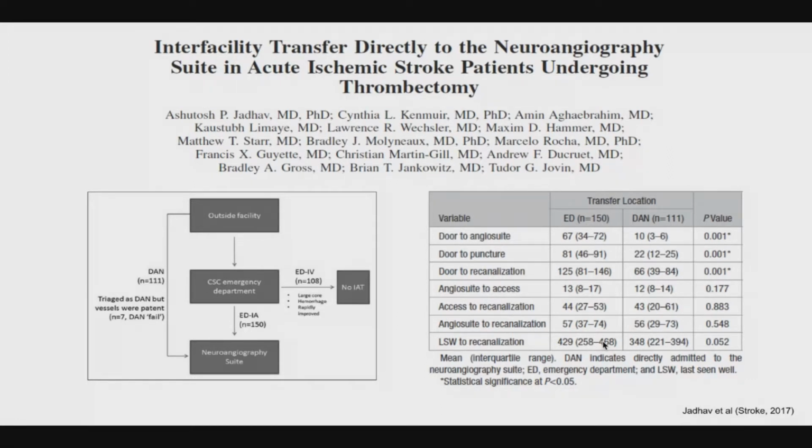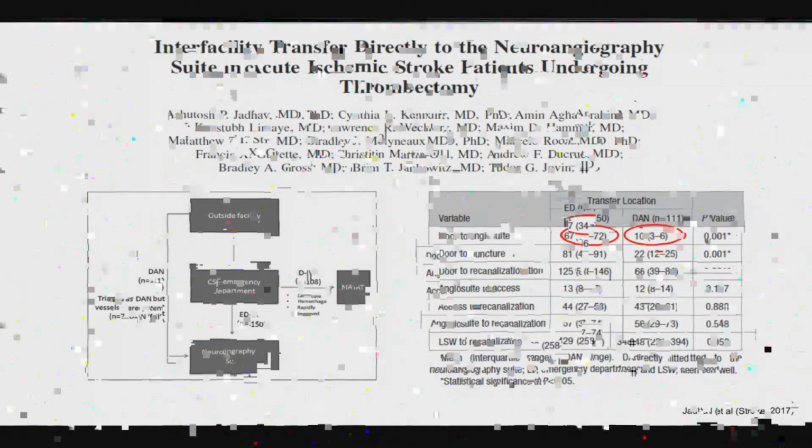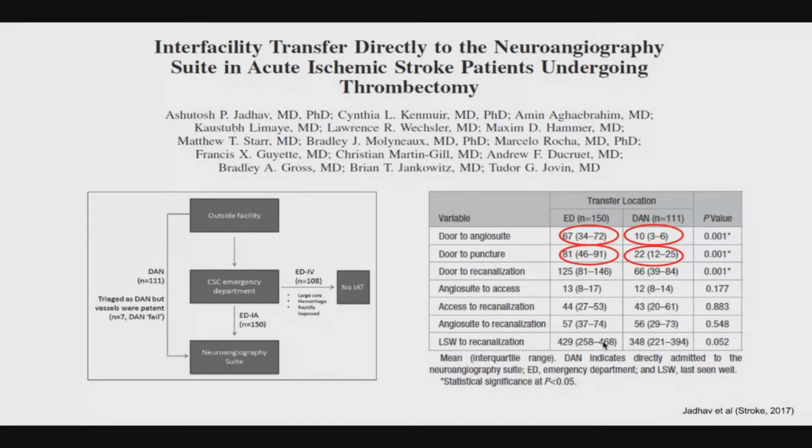And you can see that for the patients who came through the ED, their door to angio suite was 67 minutes compared to the ones that came through a transfer, where the door to angio suite was 10 minutes. And then door to puncture was 80 minutes for the patients who came through the ER, compared to 22 minutes for the patients who were transferred.